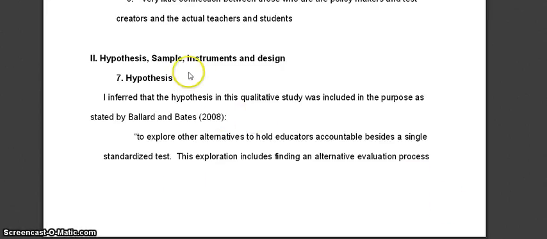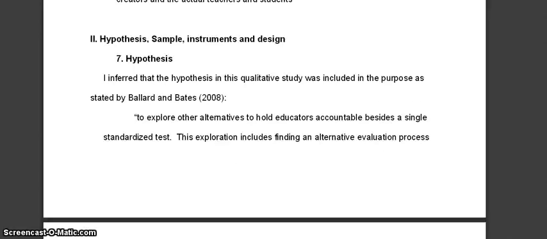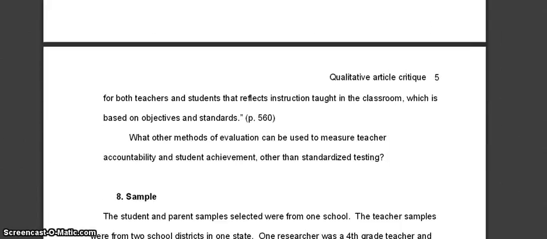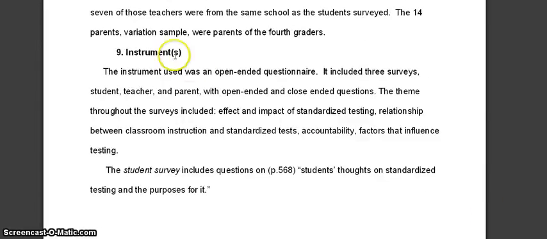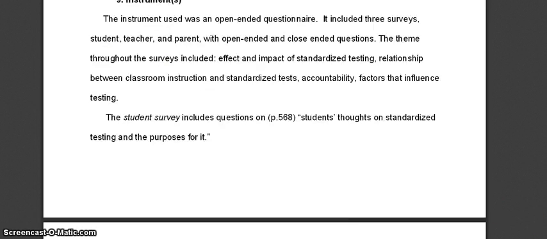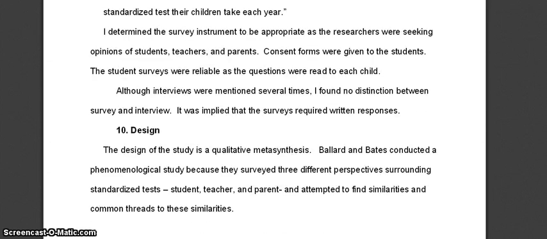And for the sample, when we're talking about sample, we're just talking about participants. So if you ever see that word sample, that's what that means, participants. The instruments, what instruments did you use? Did you use surveys? Did you use assessment scores? Did you use observations? And again, bring these over to the left. Eliminate those numbers. Do not include the numbers.